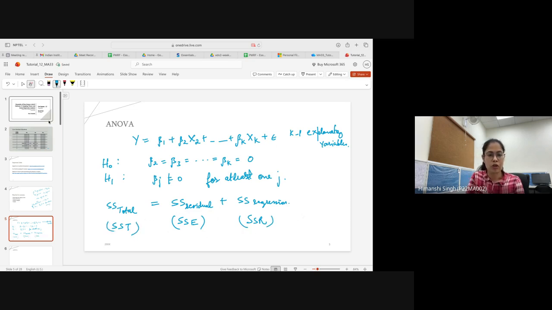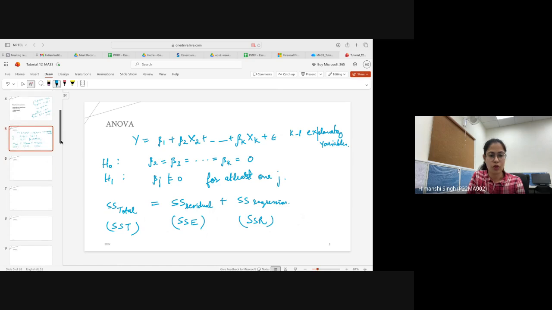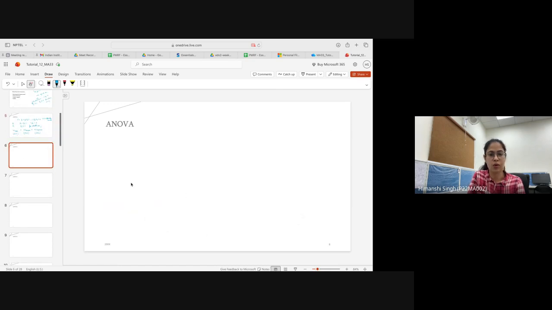Now what is the formulation for these quantities? If I talk about SSE, that is basically due to residuals. This we have talked about before also, and the expression for this is (y minus Xb) transpose (y minus Xb).